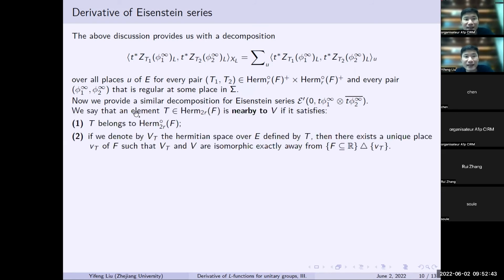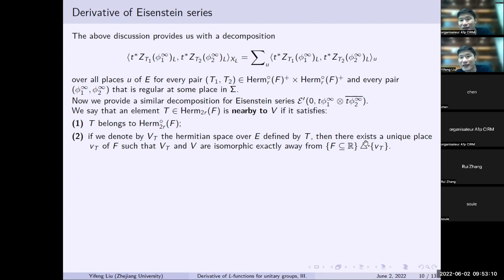So we say that a moment matrix T is nearby to V if it satisfies the following two conditions. First, T is invertible. Second, if we denote by Vt the Hermitian space over E defined by T, because this is invertible, it will define a non-degenerate Hermitian space Vt. Then the difference between Vt and V is minimal.